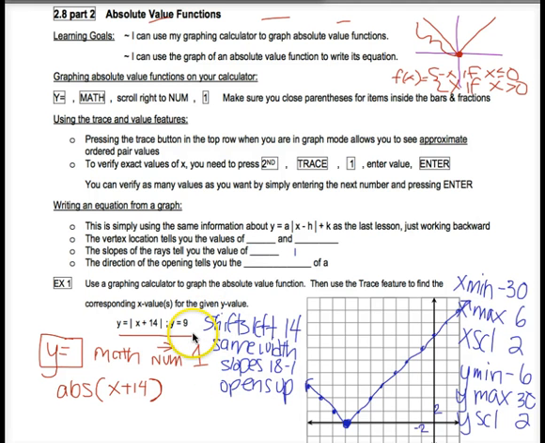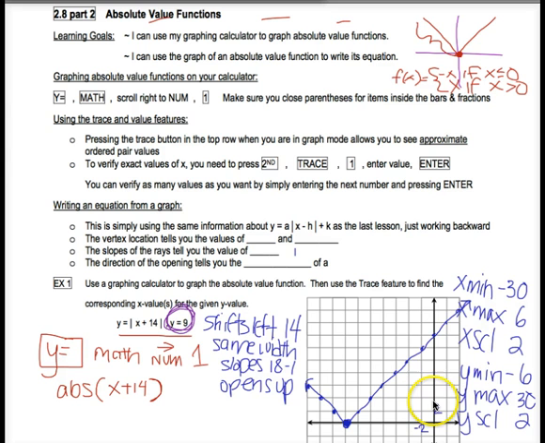All right, so now to figure out how to use the function that it wants. If you can see the entire V, you should be in good shape. It says then use the trace feature to find the corresponding x values for the given y value. So again, what that's telling us is it wants me to find the x values where y is 9.